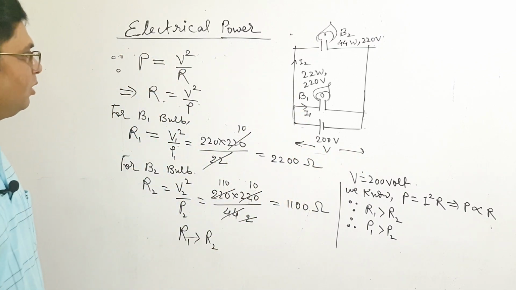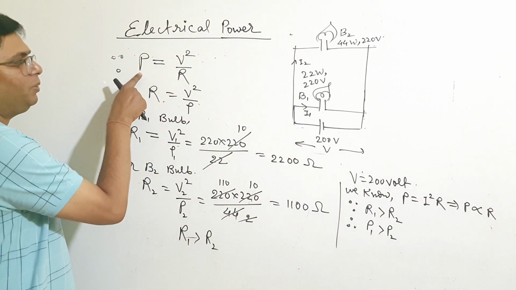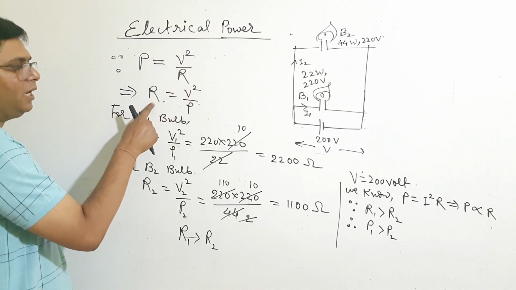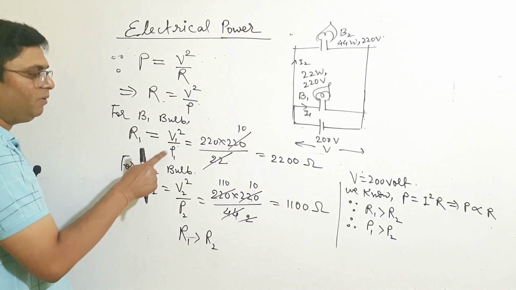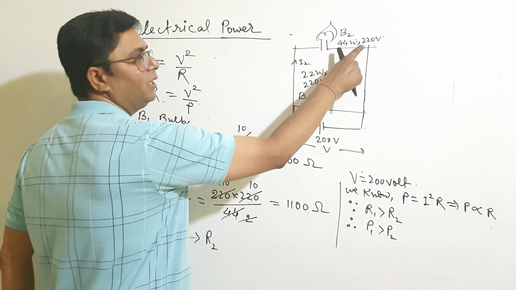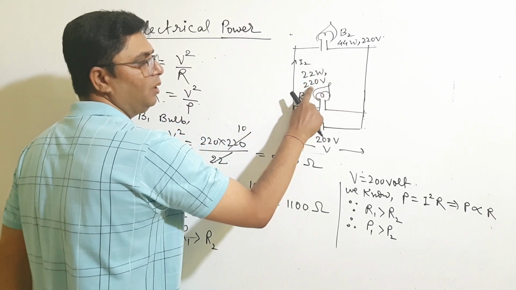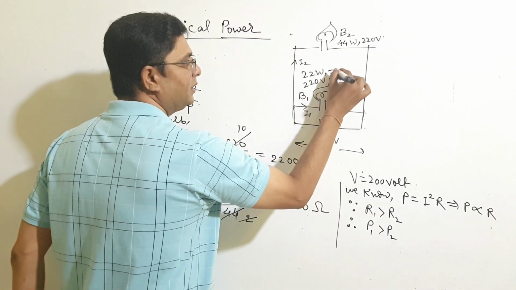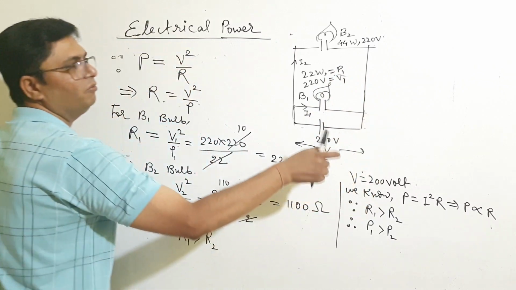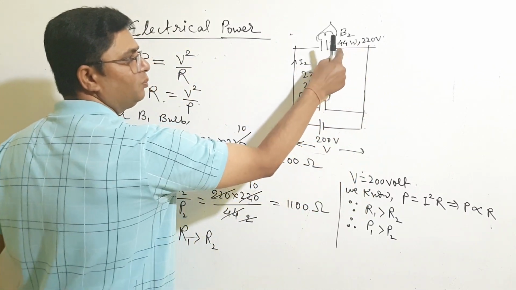So in this situation also, we use power P equals V square by R, so R equals V square by P. For bulb B1, R1 equals V1 square by P1, where V1 is 220 volt. In the same way, this is V2 and this is P2.